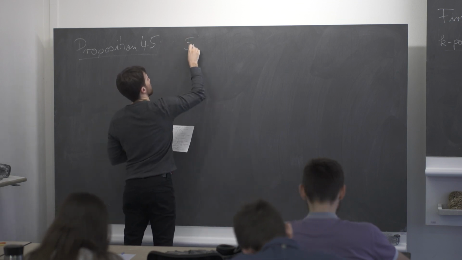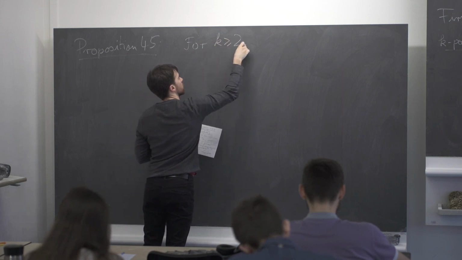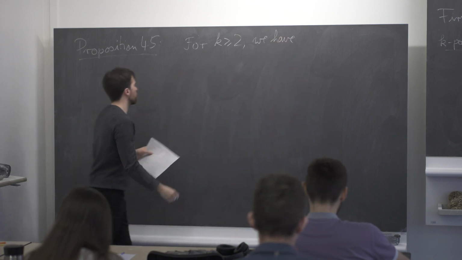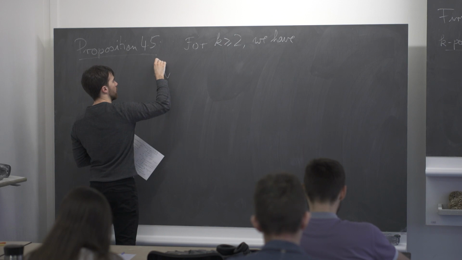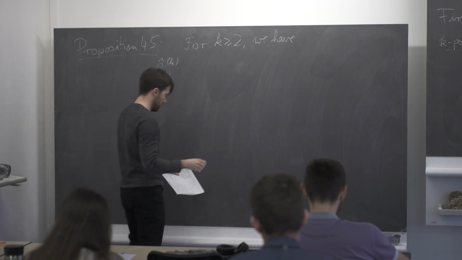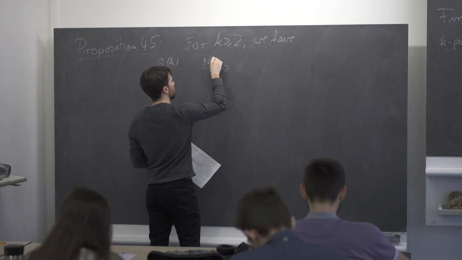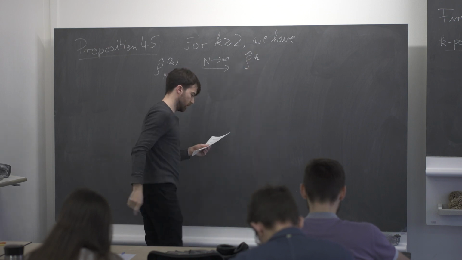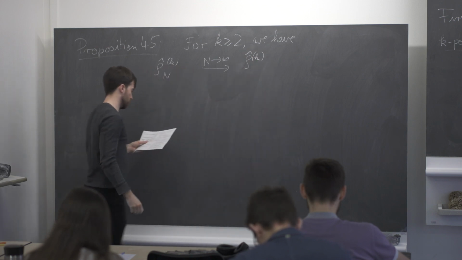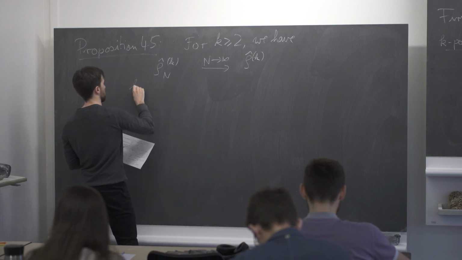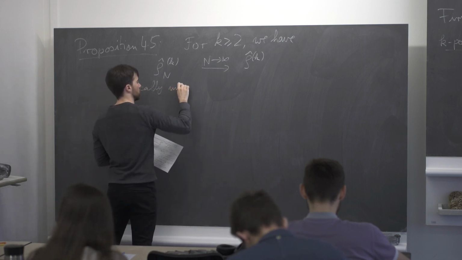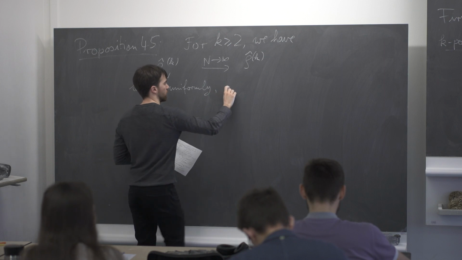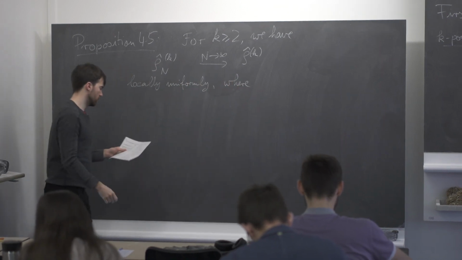So we have k bigger than 2. We have the following: the rho n hat k converges, when n goes to infinity, to some function rho k hat, locally uniformly in the k arguments, and we have the following notation.